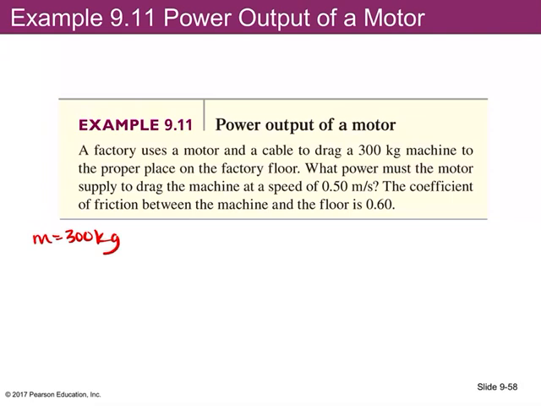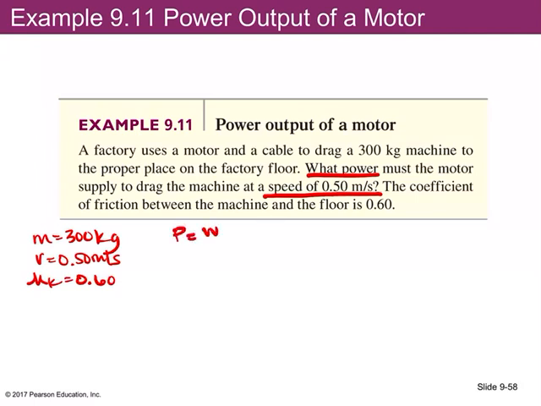So there's a mass of 300 kilograms and it wants us to find the power. There's a speed of 0.5 meters per second and the coefficient of friction is 0.6. Why is it kinetic friction? Because it says that it's going at a speed of something, so it's moving.